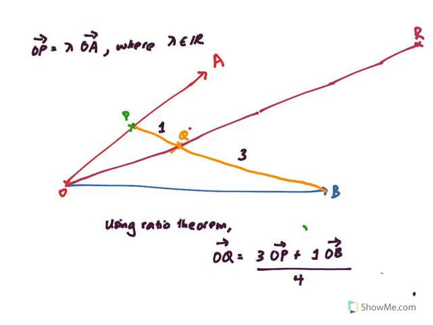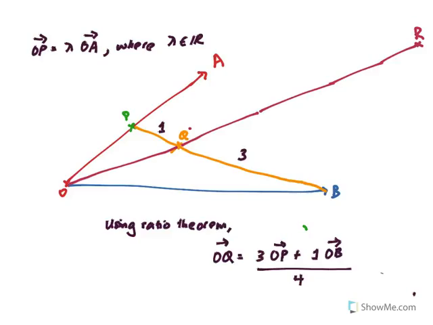So over here, OQ is the same as (3 OP + OB) over 4. So 3 of OP is 3 of λ times OA, which is (1, 3, -4).